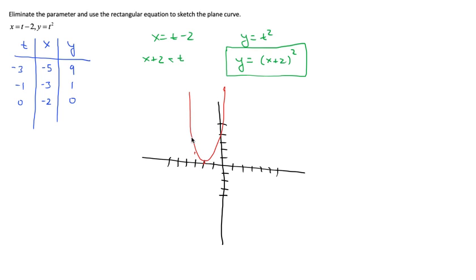Here is t equals -3, which was this point right here. This point right here was t equals -1, then t equals 0. So as we're moving this way, that's the orientation of the curve, so we're going to draw arrows to denote that going this way.